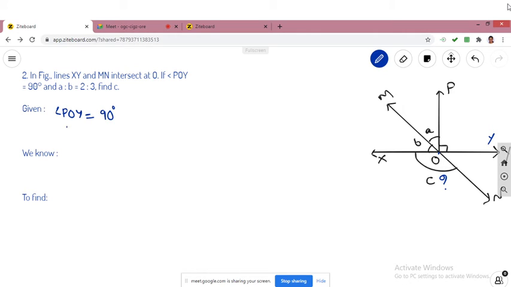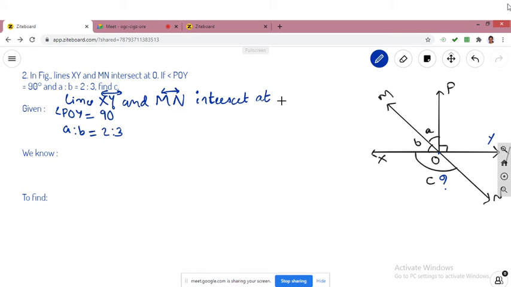And we are also given that lines XY and MN are intersecting at a point O. Let me write it here: lines XY and MN intersect at a point O. So these are the things we are given.